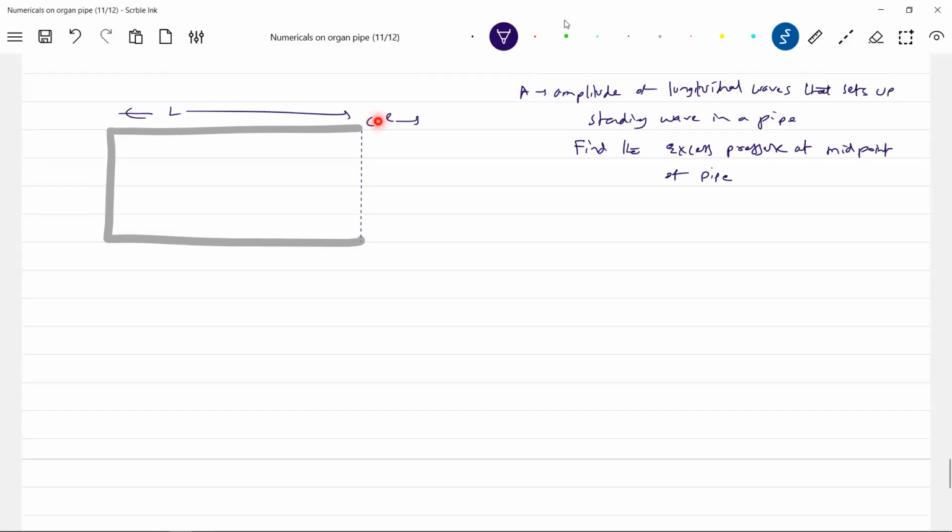The end correction, instead of this end correction, I'll just say the radius of the pipe. You must understand, what is R? R is the radius of the pipe. L is the length of the pipe. It didn't say end correction is there, but if it mentions the radius of the pipe, it means end correction will be there, no?